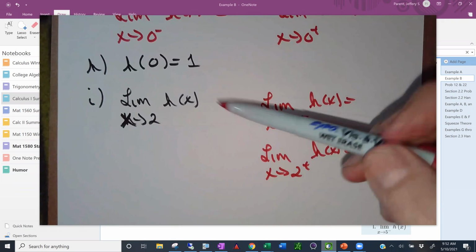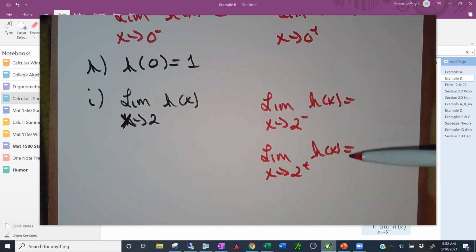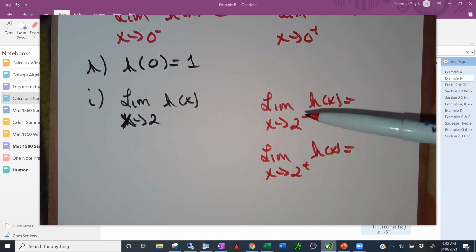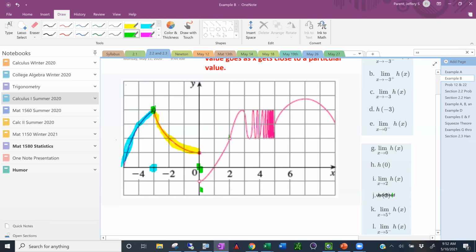So in order to consider this limit, even if you don't write this down, what you have to be looking at is both of these, the limit from the left, the limit from the right. And in this case, both of those are going to the same place. Both of those are going towards this point here at 2 and 2. So the limit from the left is 2.